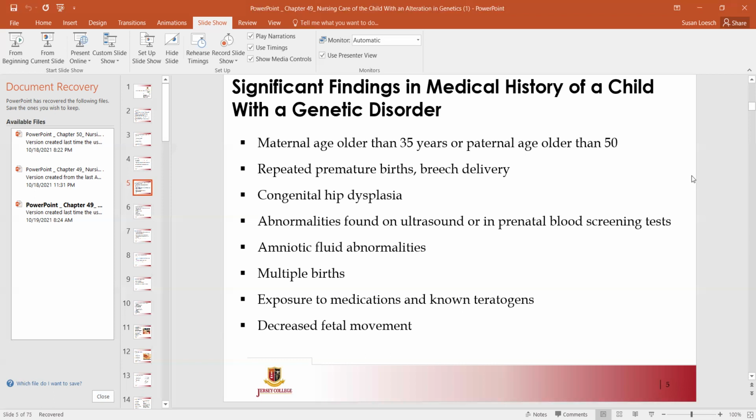So if mom is older than 35 and dad is older than 50, repeated premature births, breech deliveries, congenital hip dysplasia, abnormalities found on the ultrasound, abnormalities in those prenatal blood screening tests like the triple or quadruple screen or the alpha fetoprotein, abnormalities in the amniotic fluid like polyhydramnios or oligohydramnios, multiple births, exposure to medications or known teratogens, and decrease in the fetal movement.